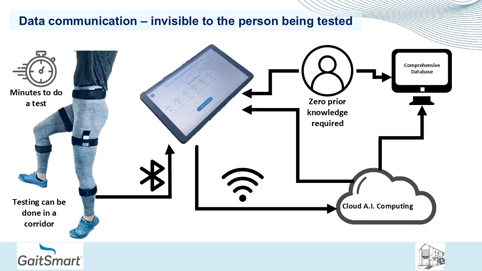So this is an example. You can see the straps on the clothing, the communication to the tablet through the app, and then this data is loaded up to the cloud. All the calculations are done in the cloud, which means that the person doing the test doesn't actually have to be an expert in gait kinematics, sensors, or any other analytical methods.